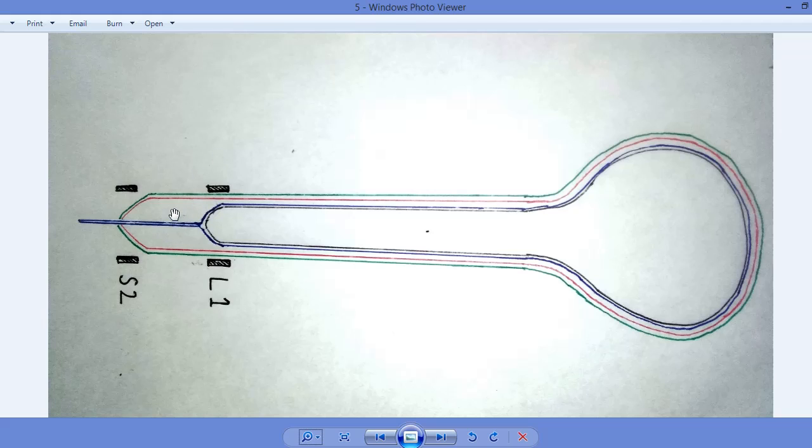And this is a very ideal site for injection into the cerebrospinal fluid. If we want to inject something into the cerebrospinal fluid, the injection can be administered below the L1 and above the S2.